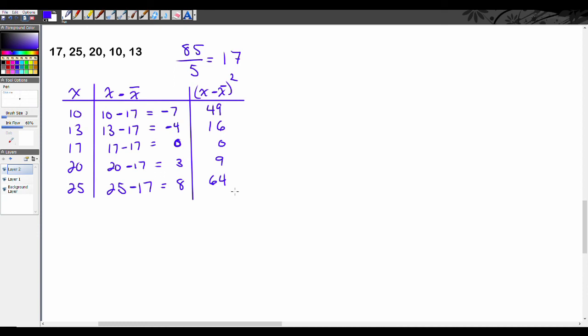So we add together 49 plus 16 plus 9 plus 64, which gives us 138, and divide by 5 again, because there are 5 numbers. That gives us 27.6, our mean of the squared deviations.